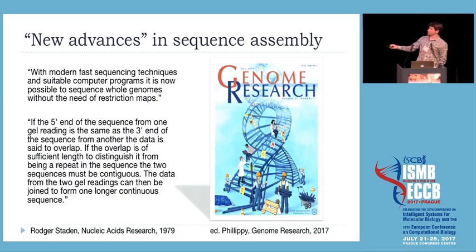If that overlap is of sufficient length to distinguish it from a repeat, then you can think of it as contiguous, and that's how you get your contigs. And so you see the origin of all of the words that we use now, like contigs and overlaps and reads, from this paragraph from about 40 years ago.